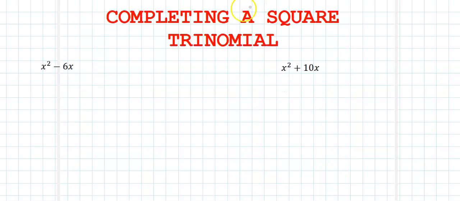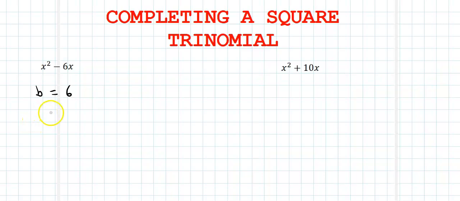Now, if we have the expression x to the second power minus 6 times x, we are going to complete the third term to identify a perfect square trinomial. So, we identify the coefficient of the second term, that is 6. This is b equal 6.